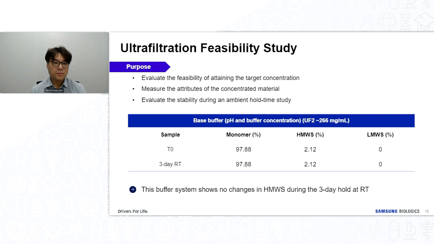Once this is completed, the concentrated material needs to have sufficient short-term stability at room temperature to enable processing hold times. In this example, it is clear the selected buffer at a concentration of up to 266 mg per ml exhibits good room temperature hold time stability.